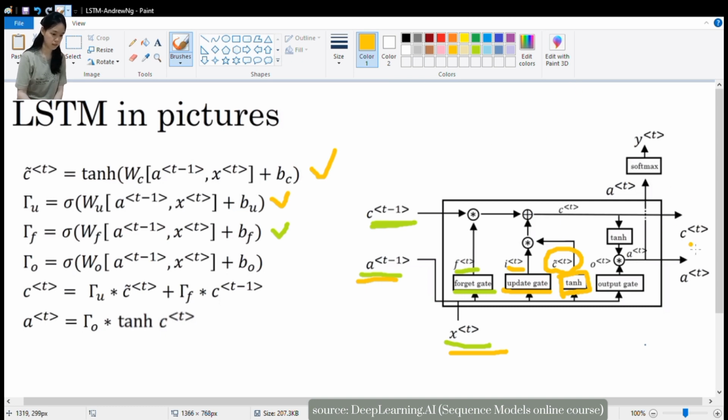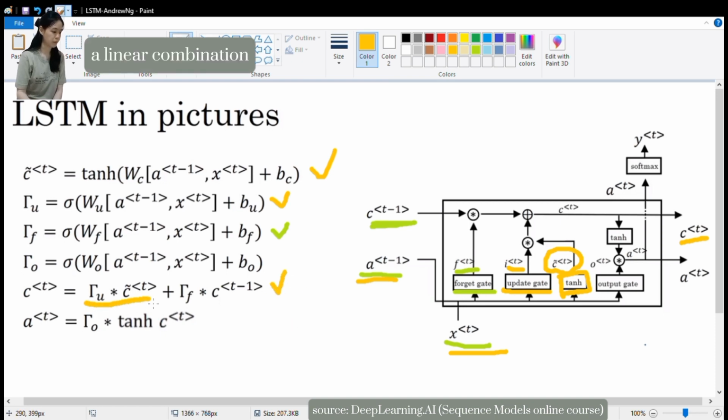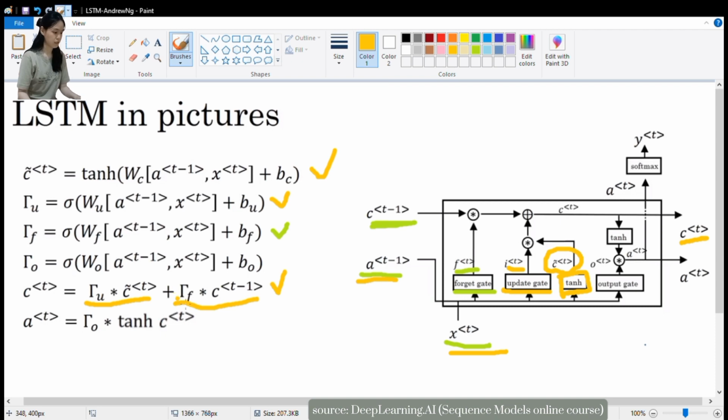That's how you get C t. It's a combination between the memory of the current time step and the memory of the previous time step. And so that's why we need a constant, it's like the proportion of the memory that you want to retain. Okay, so this is the update constant and this is the forget constant.